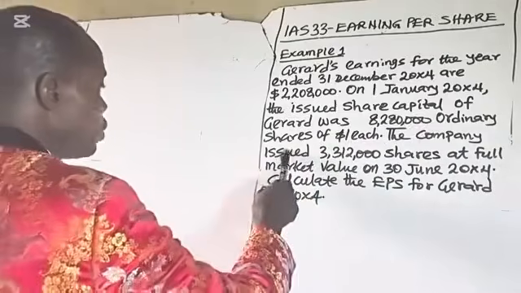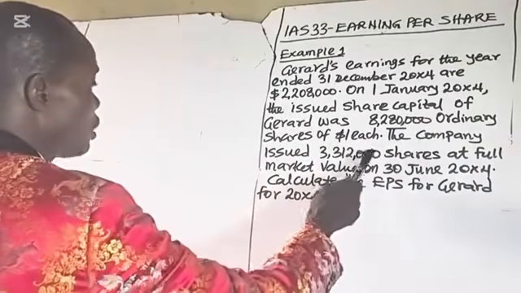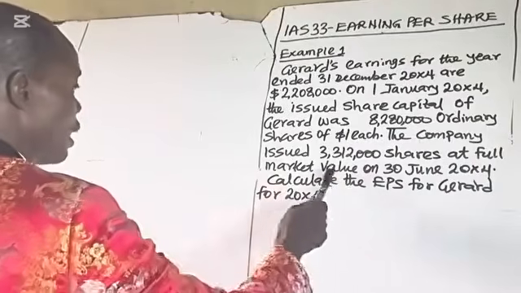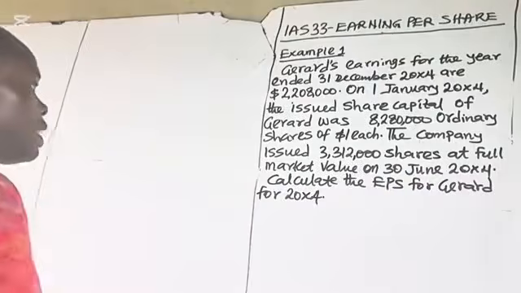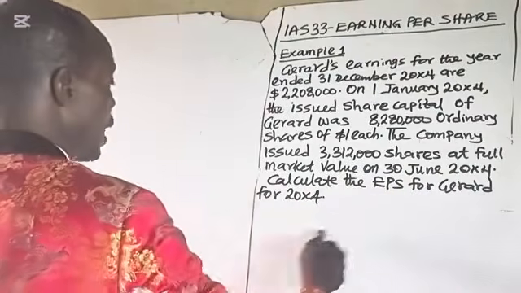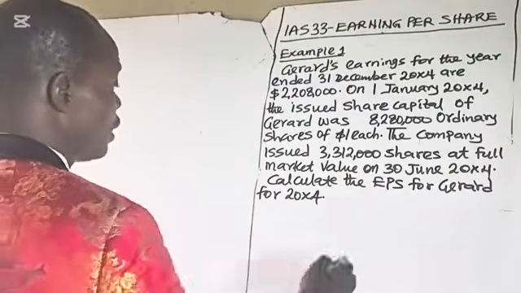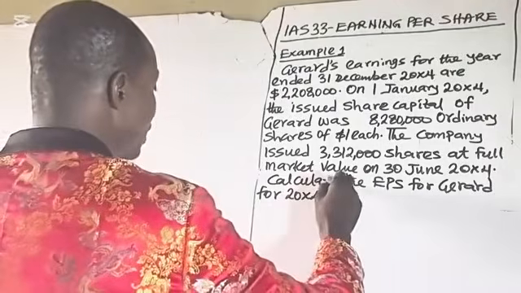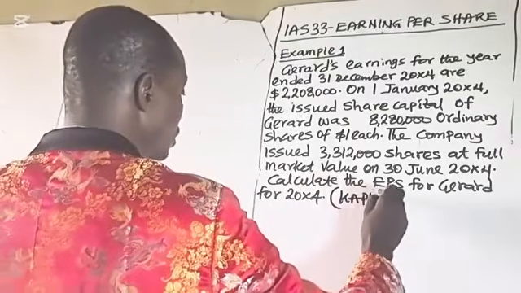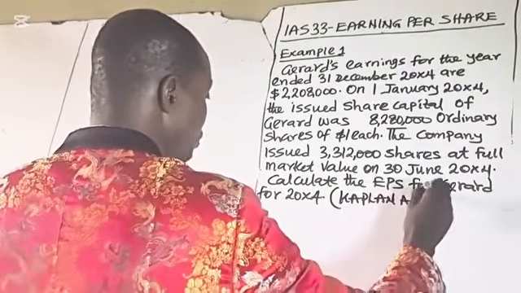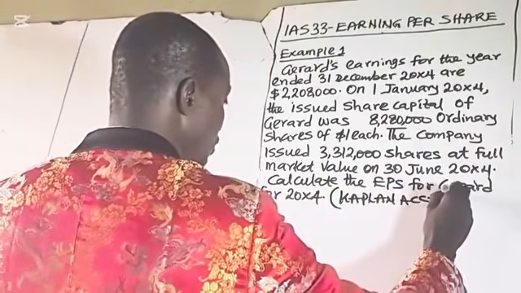The company issued 3,312,000 shares at full market value on 30th of June 20x4. Calculate the EPS for Gerard for 20x4. This question is obtained from Kaplan ACCA study text.